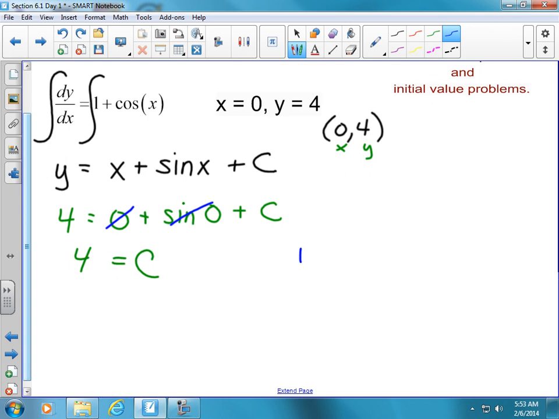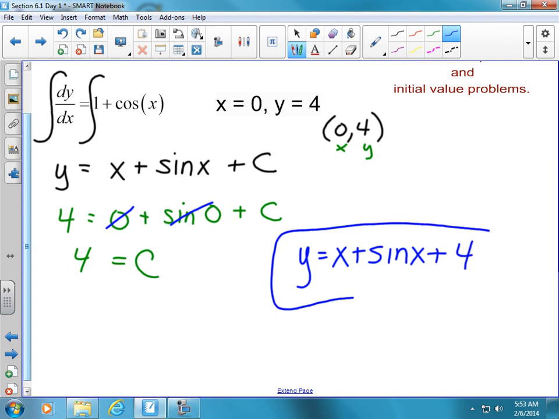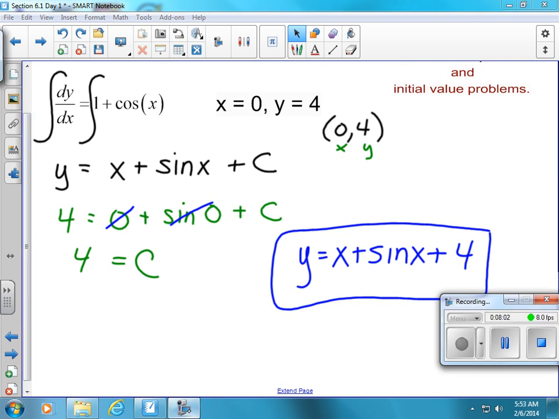Therefore, our solution to our initial value problem is x plus sine of x plus 4. Voila! That is our solution, and that is the world of differential equations. Like I said, there is an entire semester spent learning differential equations in college.